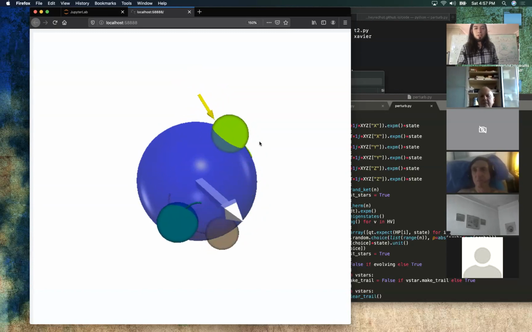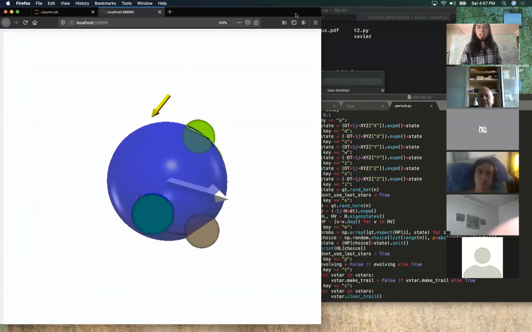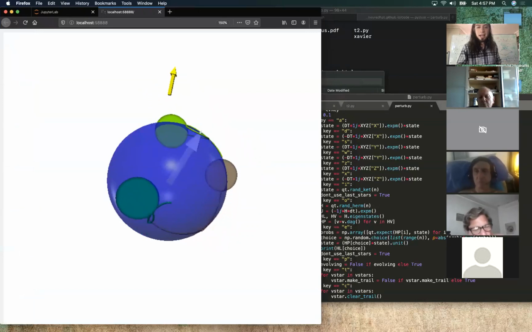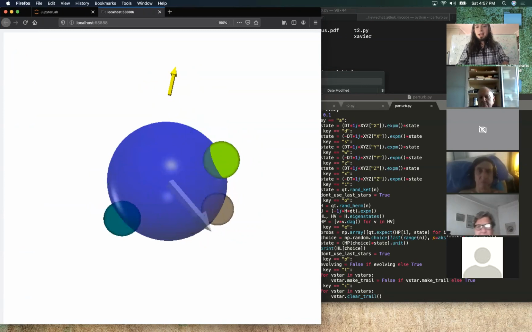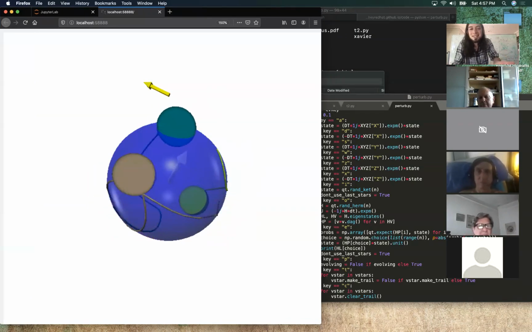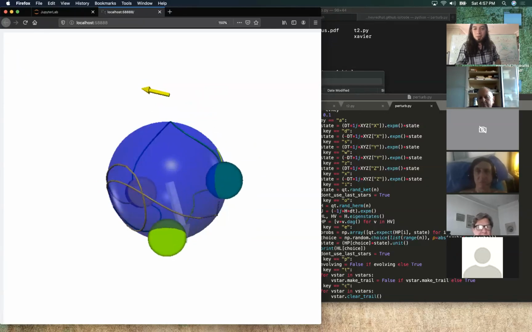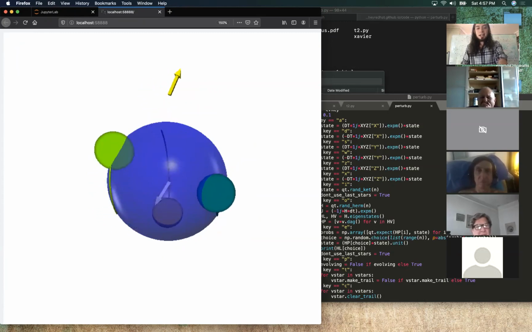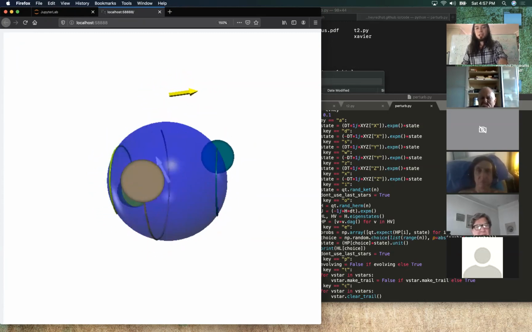So, in terms of this simulation here, again, I'm controlling this with my keyboard. It listens to the keyboard. For example, I can pause it, and if I hold down the A key, it'll do an X rotation. I can go in reverse.